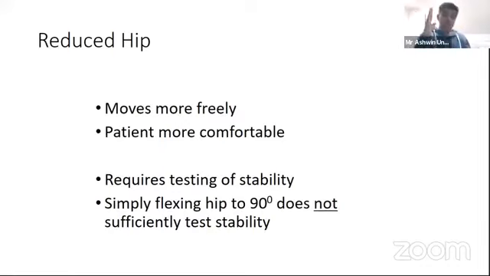Okay? And once you have reduced the hip, you have to check for the stability of the hip to see whether the hip is inside or whether the hip comes out. The easiest thing to keep the hip reduced is to make sure the knee is extended by putting a cricket splint or by putting a traction.